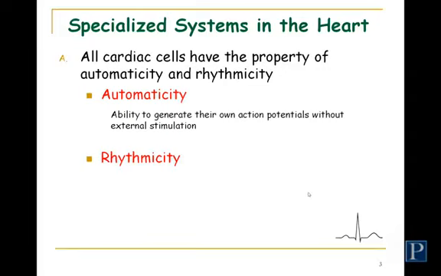Cardiac muscle cells are not unique in this, but they definitely exhibit it. Skeletal muscle does not. Skeletal muscle needs the nervous system to tell it to contract. Cardiac muscle does not need external stimulation, for example the nervous system.